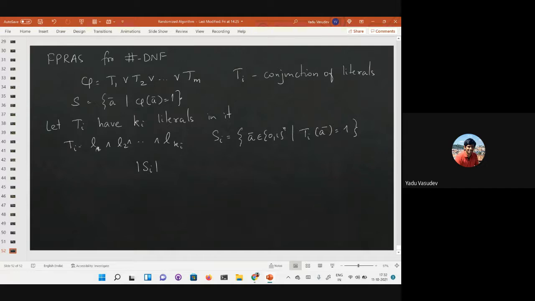Assume that Ti is satisfiable for now, so that a literal and its complement is not present. Suppose Ti is satisfiable. How many satisfying assignments are there?